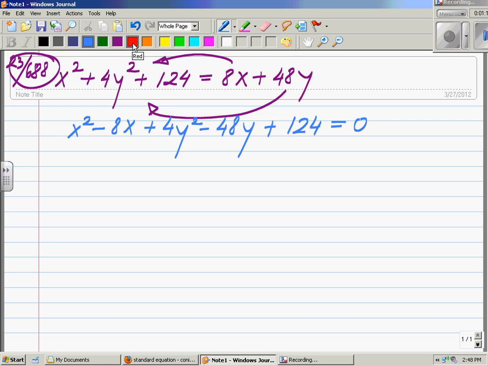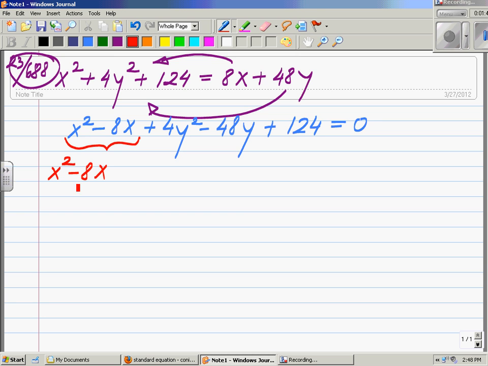Alright, you're looking at the first two terms here, the terms that contain x. What should we do here to make it a perfect square? If I have x squared minus 8x, what number should I add here to make this a perfect square?